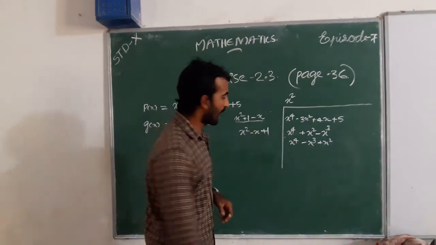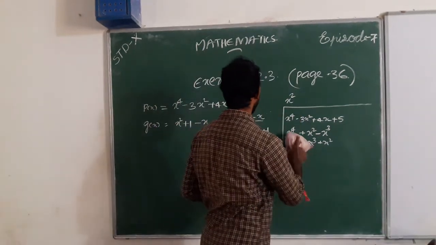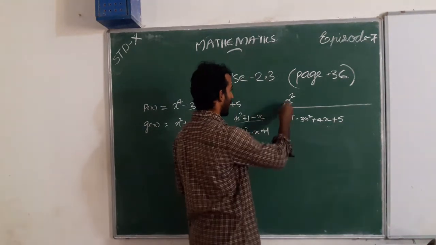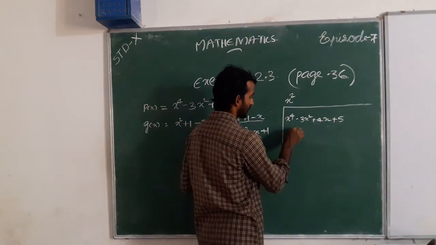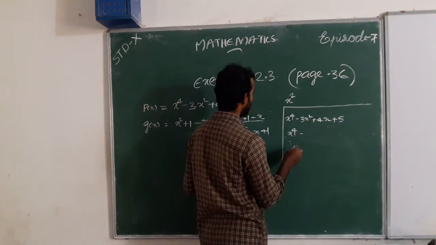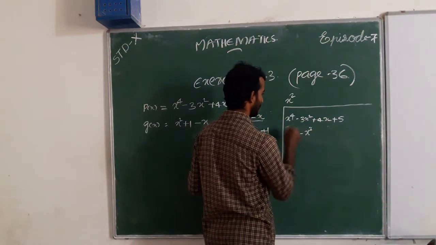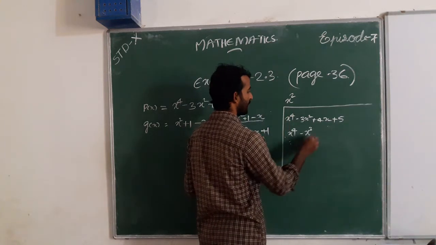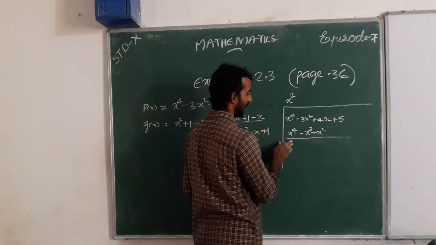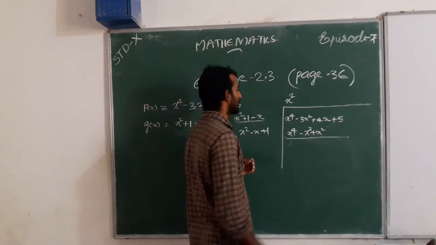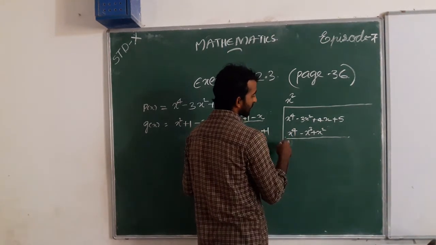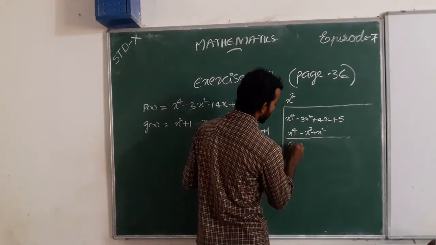In the first step, x square into x square is x raised to 4, x square into minus x is minus x cube, and x square into 1 is plus x square. Here we take the difference: x raised to 4 minus x raised to 4 we get 0x raised to 4.